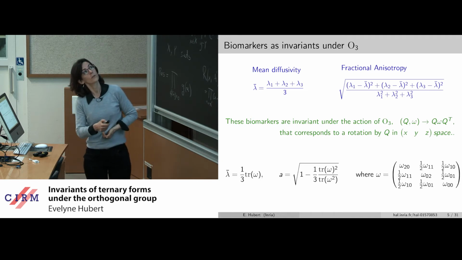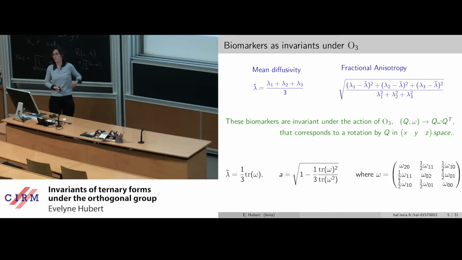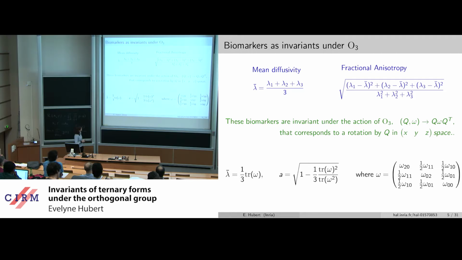Here this function, lambda bar, is the first value, and then this other thing. For us, we immediately recognize that these functions are invariant. They are invariant under the action: if we take a congruent matrix, we obtain the same values. Actually, lambda bar is just the trace, and this other value, A, can also be expressed in terms of the trace and the trace of omega squared.